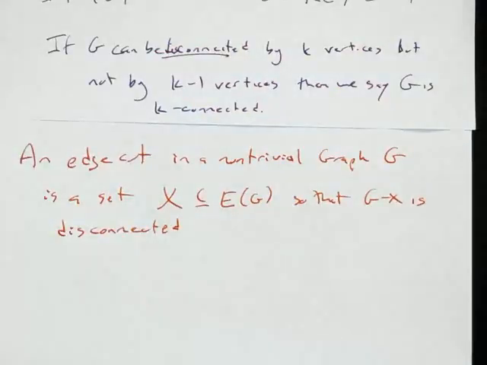Now remember, when you remove a vertex, the edges that are connected to it go too. When you remove an edge, your graph contains a vertex. You can do an edge cut of size 1 to disconnect. Take away the one edge.